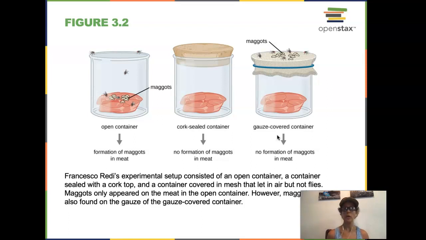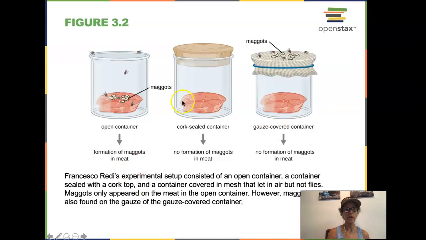We have some great features that non-living things do not. But it was thought that living things could generate spontaneously, meaning that living things could arise from non-living matter. And there are several experiments that were done to try to prove or disprove that.